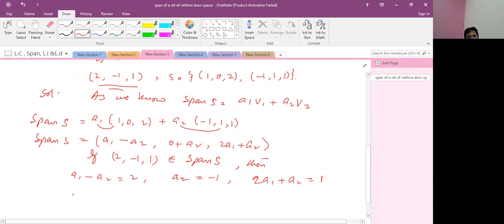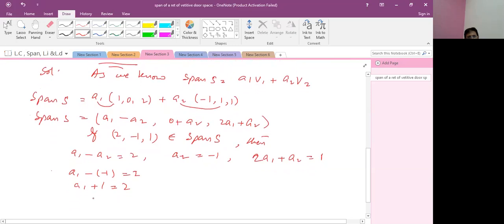When we put here a1 minus into minus 1, which is equal to 2, a1 plus 1 is equal to 2, so a1 is equal to 2 minus 1, which is equal to 1.